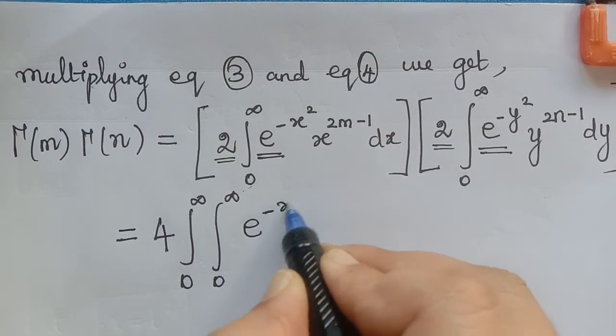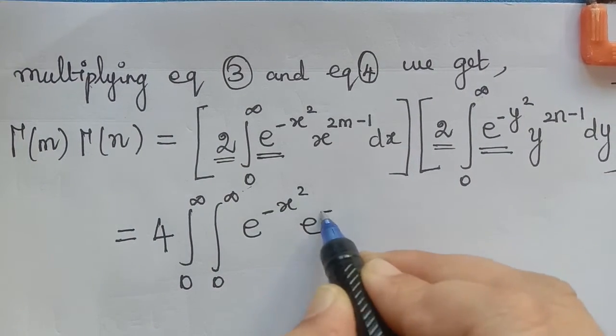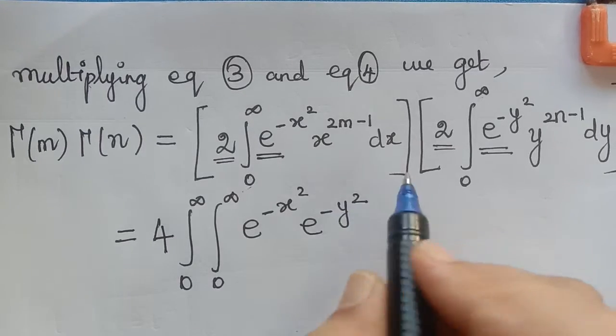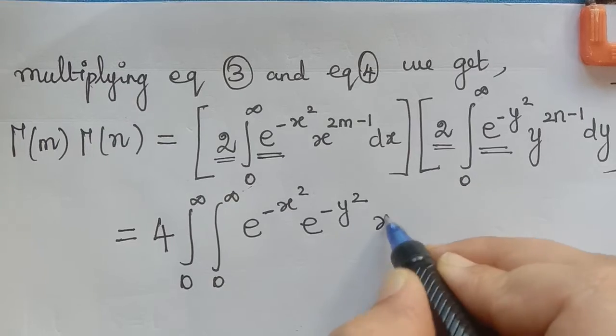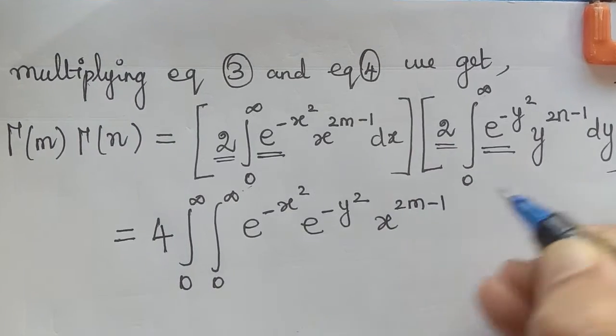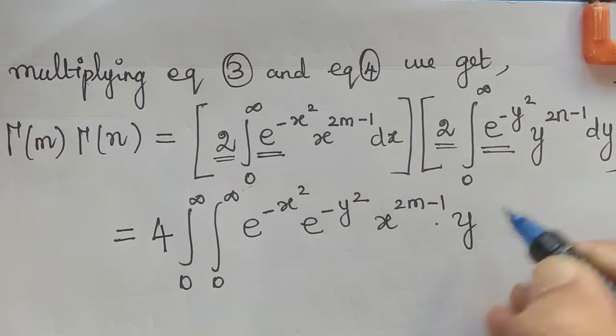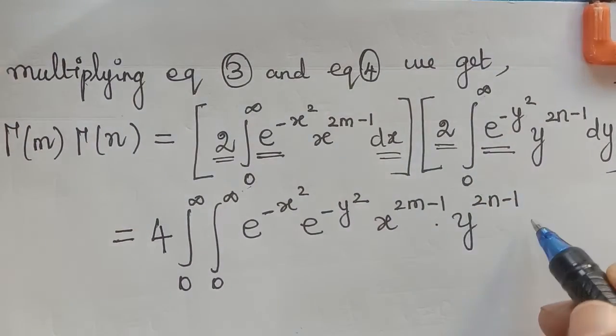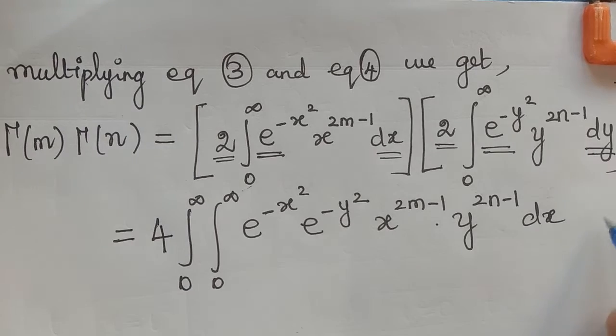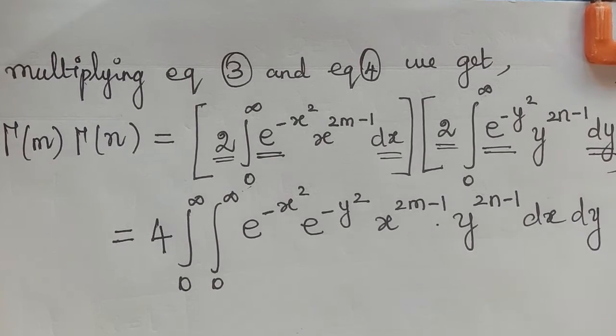So e power minus x square, e to the power minus y square, because we are just multiplying these two. And then x to the power 2m minus 1, y multiplied with y to the power 2n minus 1, multiplied with dx dy. So this is what we obtain.